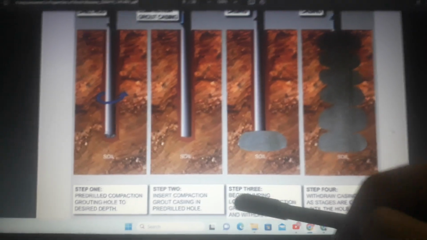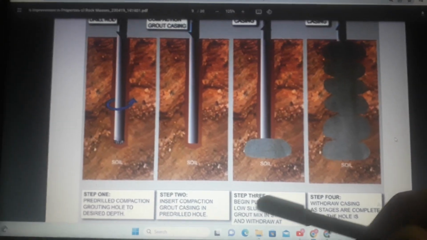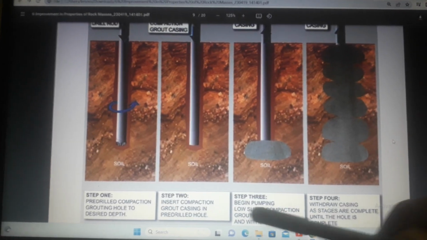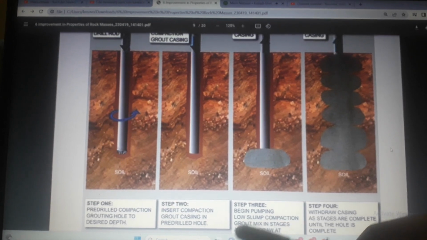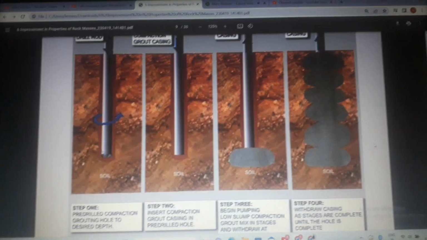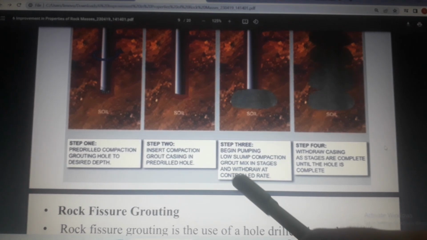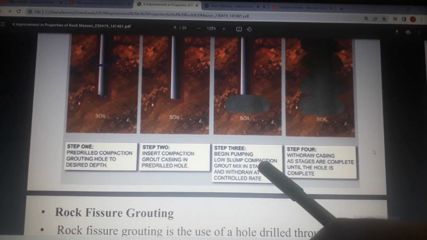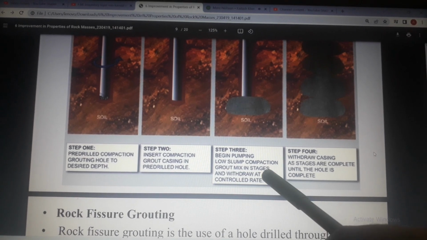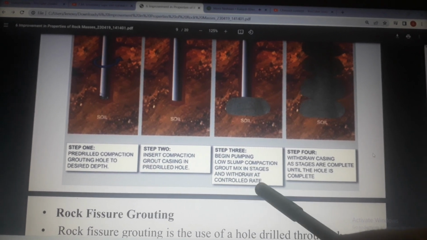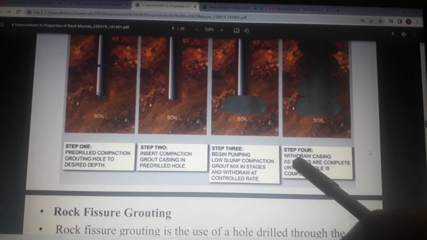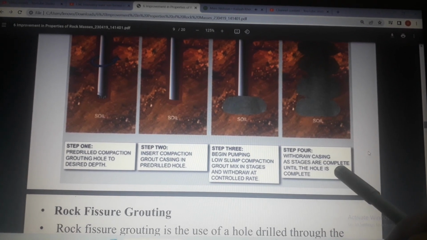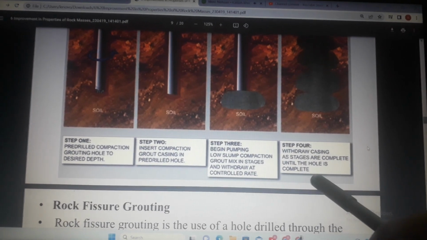Step 3, begin pumping low slump compaction grout mix in stages and withdraw at a controlled rate. Step 4, withdraw the casing as stages are complete until the hole is complete.